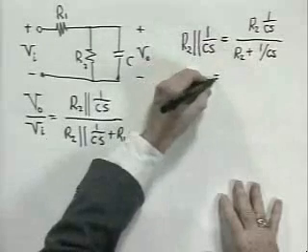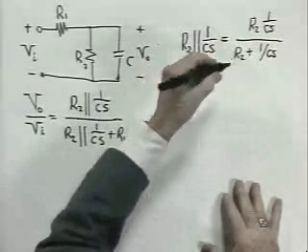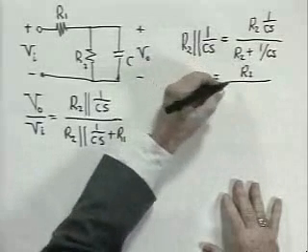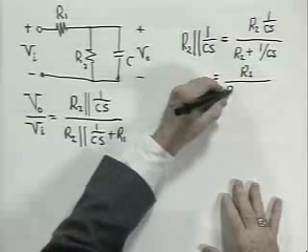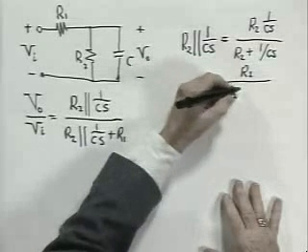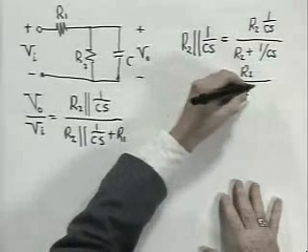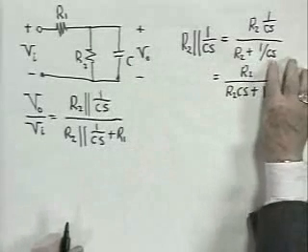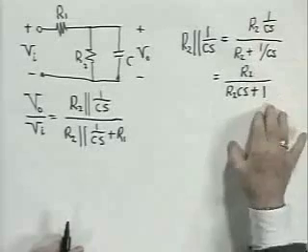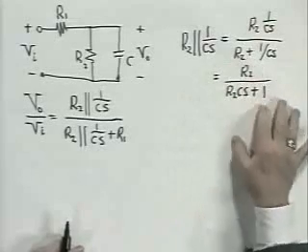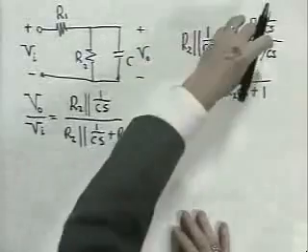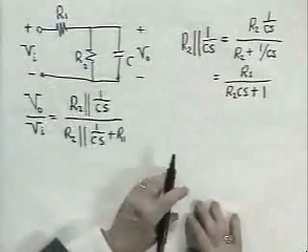If I clear the fractions in the denominator, this becomes R2 over R2 CS plus 1. Just multiply numerator and denominator by CS. That takes the 1 over CS out upstairs, leaving R2 CS plus 1 downstairs. So this is what I mean by the parallel combination, here in its write-it-down form, and here in a rationalized form.